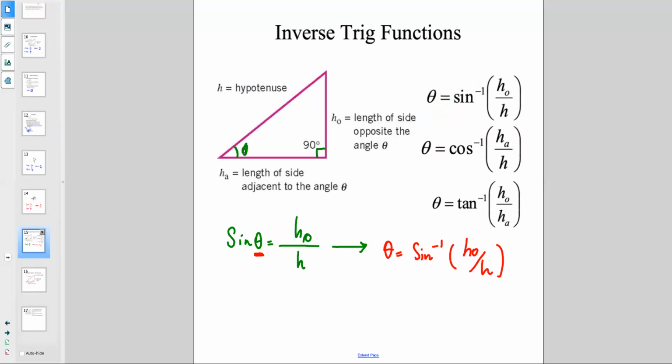So cosine of theta is H sub A over H, meaning that theta is cosine inverse of HA over H, right? So in order to find theta, you have different ways to do it, depending on what you have as your initial information, as the information that is being given by the problem or the question. And then based on that, you can do this type of analysis to find theta.